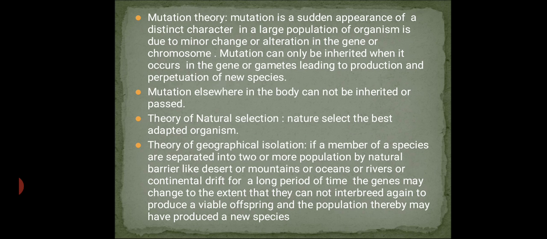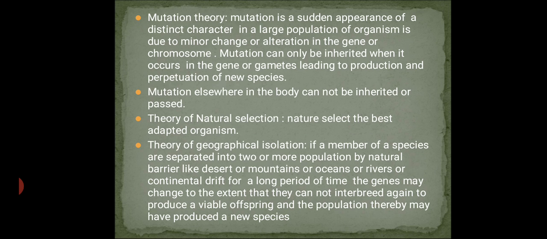That is the one of Lamarck's theory that says physical features acquired by parents can be inherited by their offspring is wrong. It is only the characters that affect the gene or gamete that can be passed to the young ones.